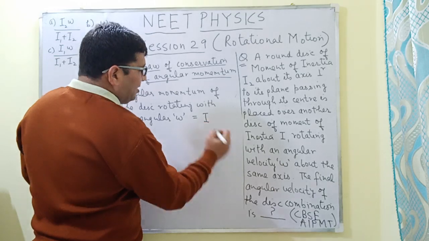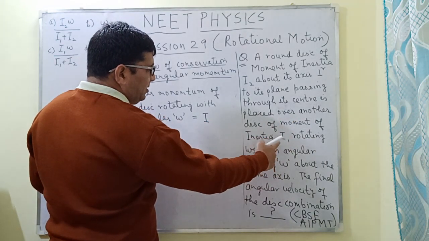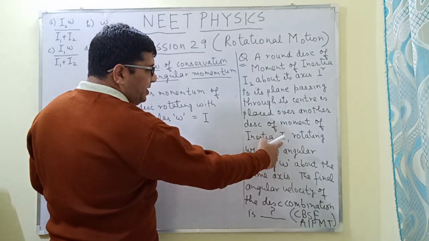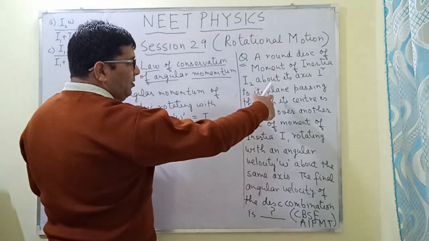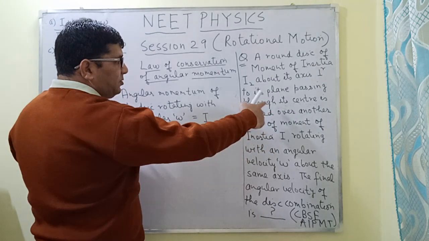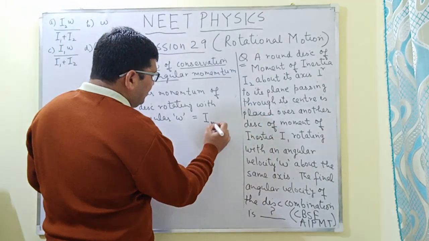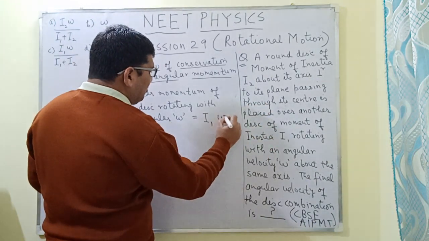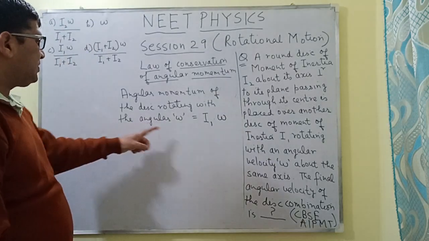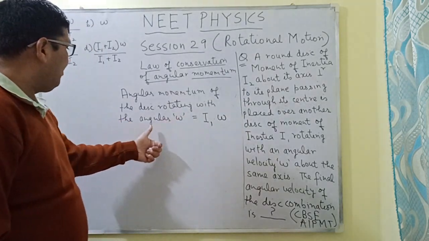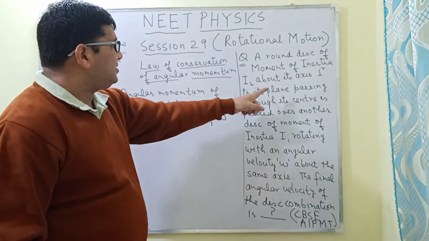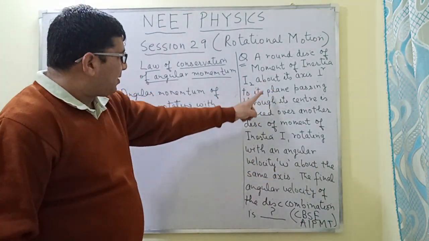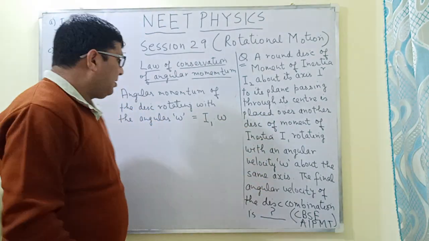Here the moment of inertia of this disk about an axis perpendicular to its plane is I1 and its angular velocity is omega. So this is the angular momentum of this disk, rotating about the axis perpendicular to its plane.